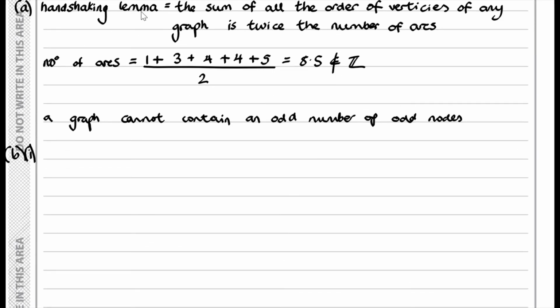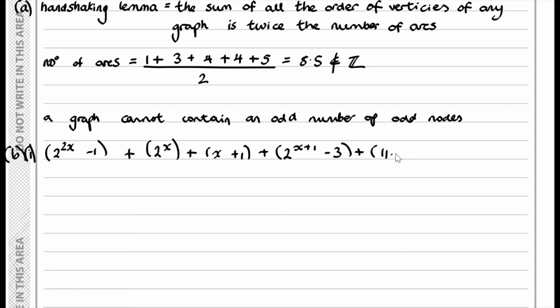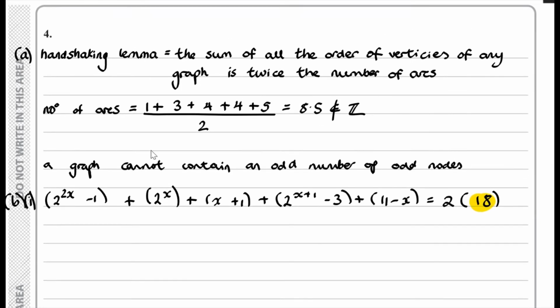If we work that out, adding them together, we have 2 to the power of 2x minus 1 plus 2 to the power of x plus x plus 1 plus 2 to the power of x plus 1 minus 3 plus 11 minus x. This is equal to twice 18, and the reason we have twice 18 is that we have 18 arcs and we're using this handshaking lemma.